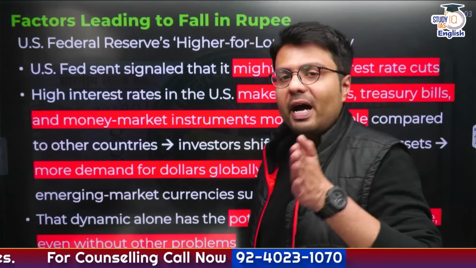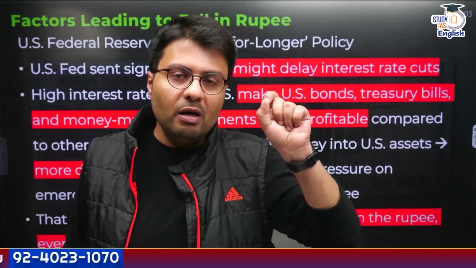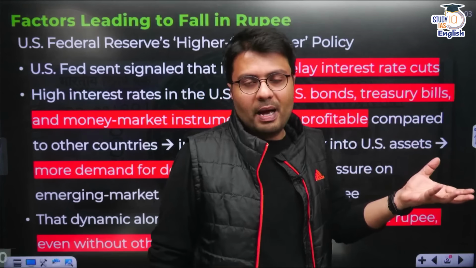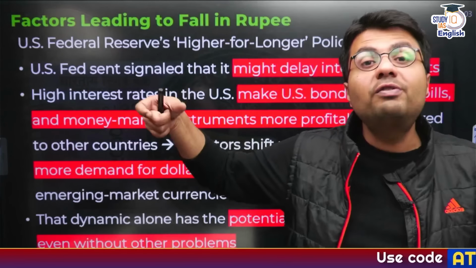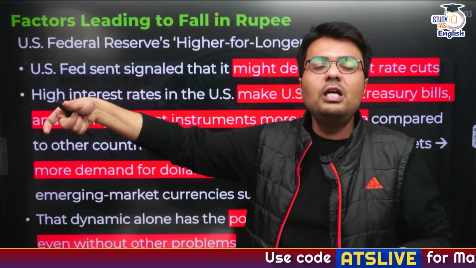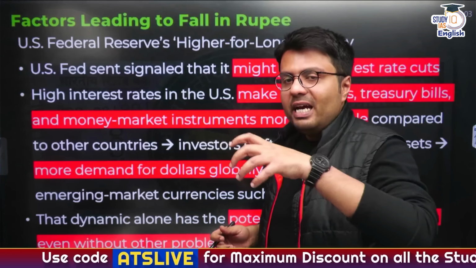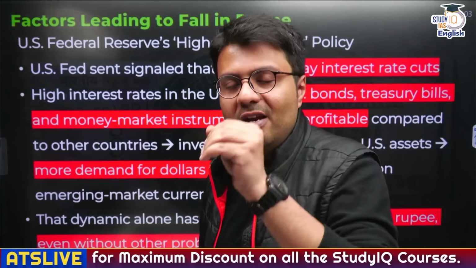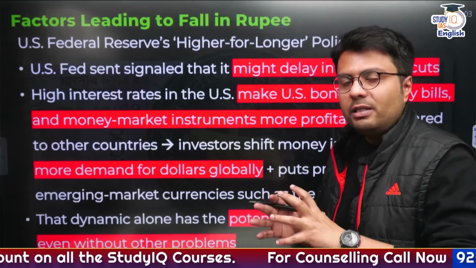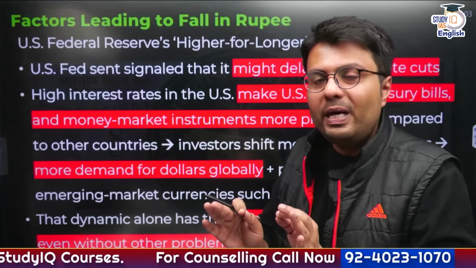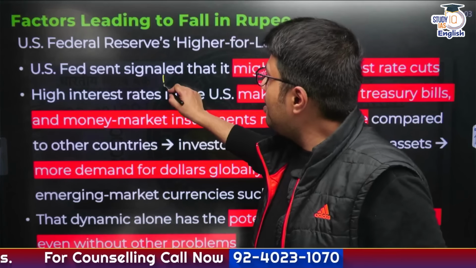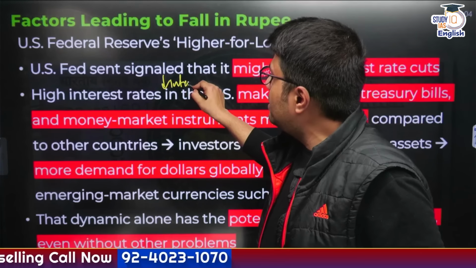Now, the second factor is the Federal Reserve policy of US. RBI in India is the Central Bank of India. Similarly, in US, it is the US Federal Reserve, which decides on the US's monetary policy. Now, the interest rate prevailing in a country is directly related to the yields of its bonds. So suppose the US Federal Reserve decides to follow an easy money policy by reducing the interest rate in the US economy.